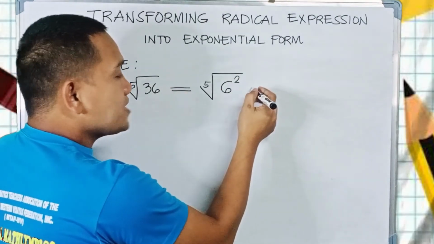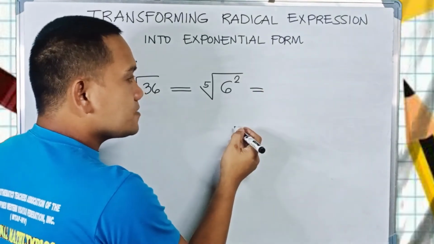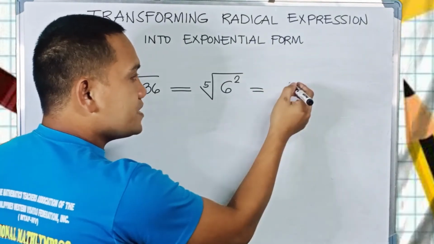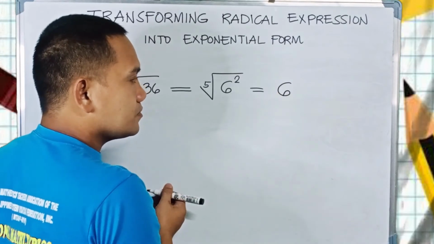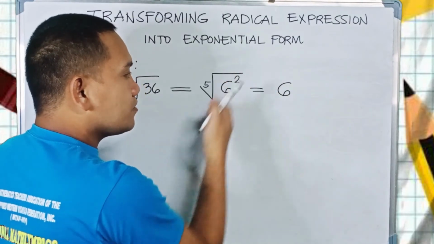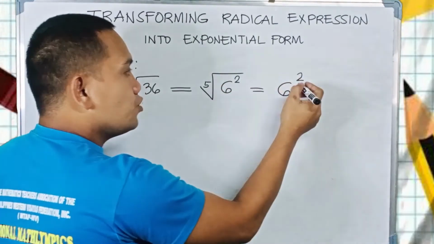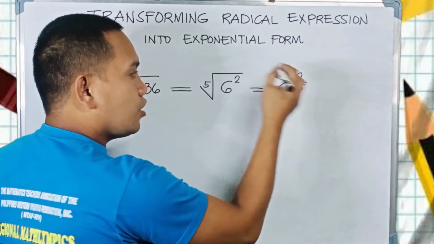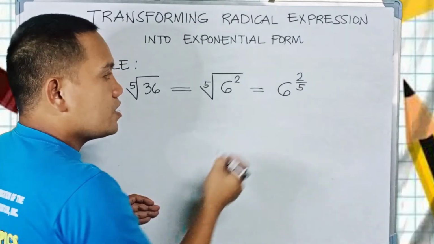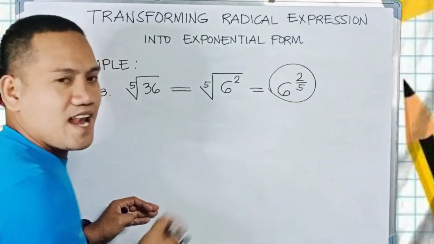Then, we can write this one into exponential form as radicand will be the base. Then, the exponent of our radicand will be the numerator. And the index would be the denominator of our radical form. So that would be our final answer.